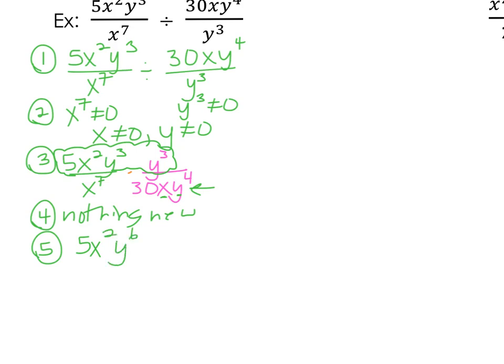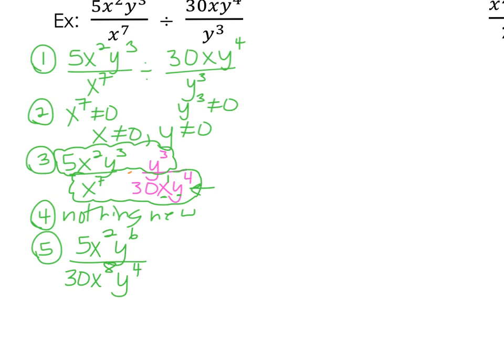Remember, when you multiply like bases, you add the exponents. In the denominator, if we take x to the 7th times 30x y to the 4th, the 30 would just go out in front as your coefficient. If we have x to the 7th and technically x to the 1st, that would be x to the 8th. And then we have y to the 4th.